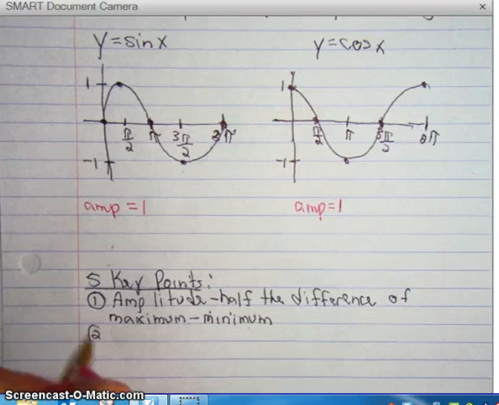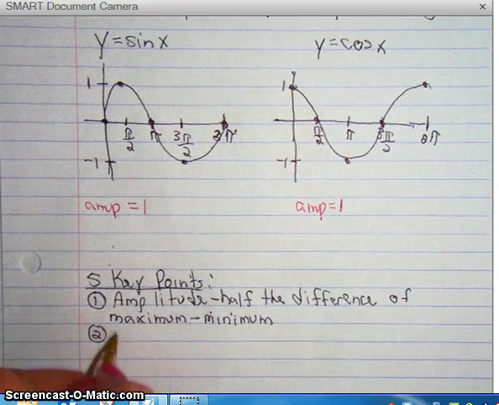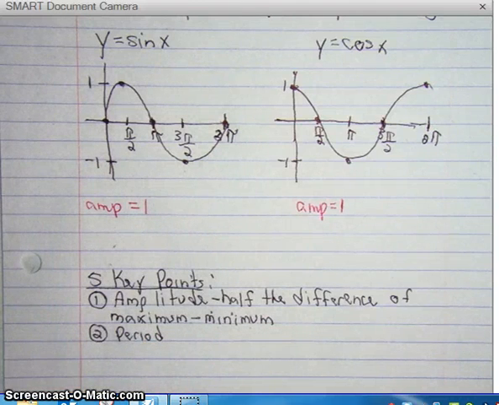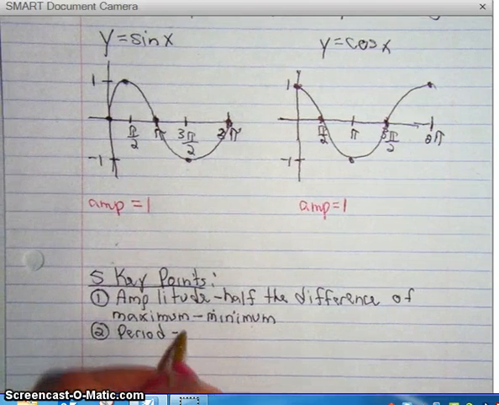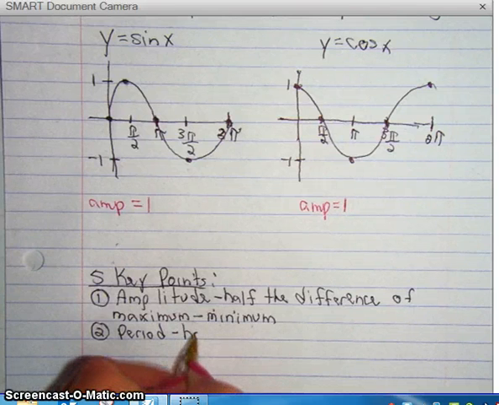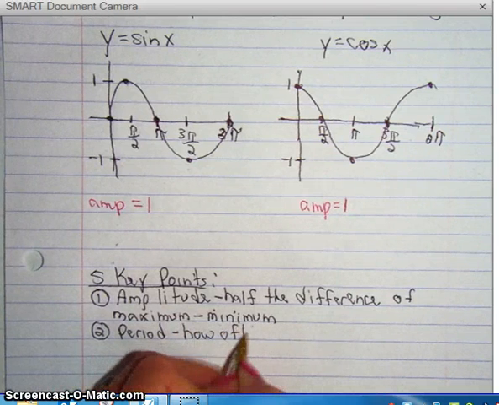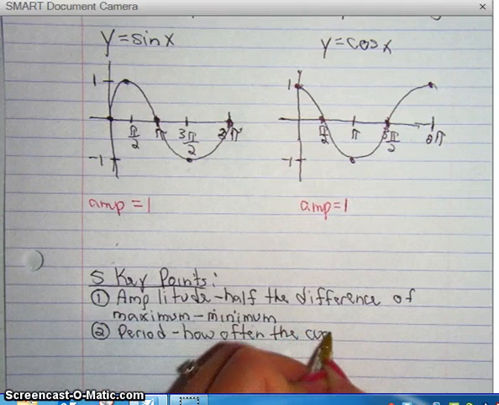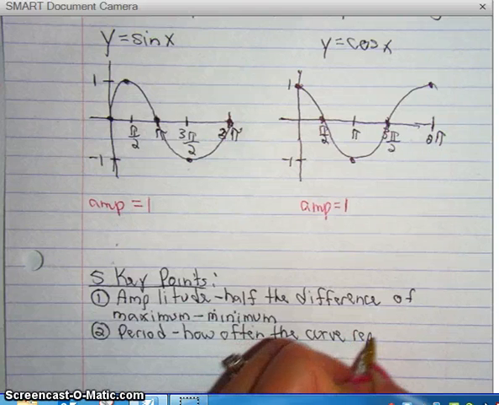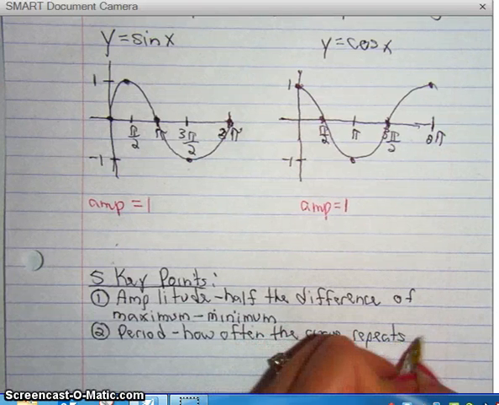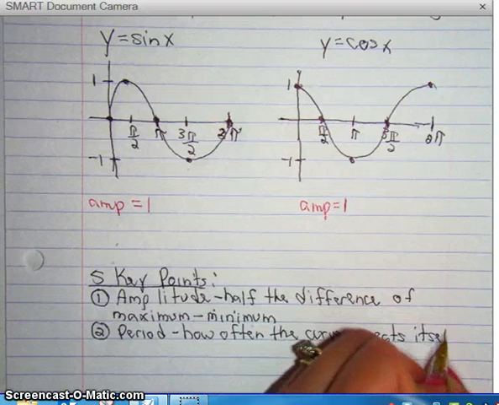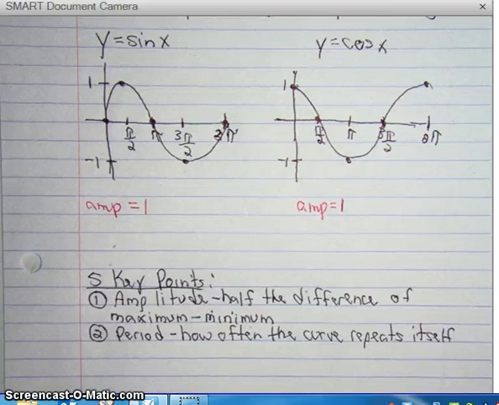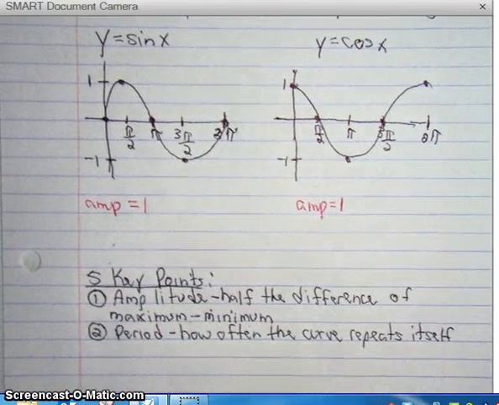Number 2. Period. How often the curve repeats itself? All right.